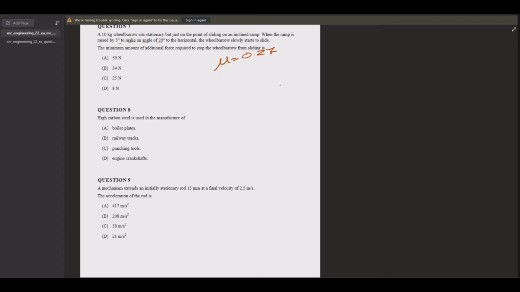So now we just have to find the force pulling it down when it's at 20 degrees, because that's going to be equal to the minimum amount of force required to stop the wheelbarrow from sliding. So that force there, let's label that FF. And that's going to be mg sine theta minus mu cos theta.